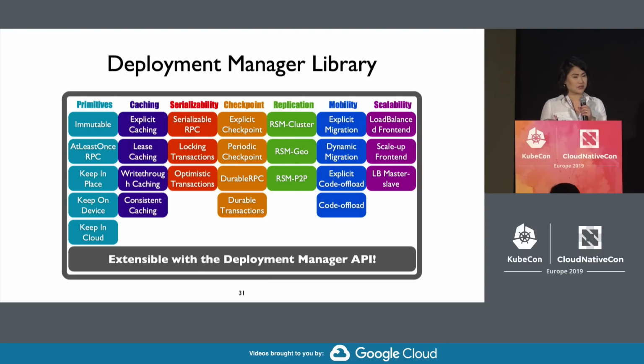You can do caching using a lease, using some sort of timeout, or using an explicit lock. This is a list of some of the deployment managers we have built. We continue to expand on them, and the library is very much extensible, entirely due to the way the Amino runtime is architected.